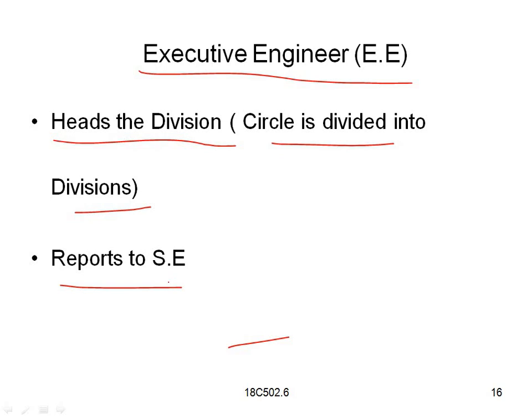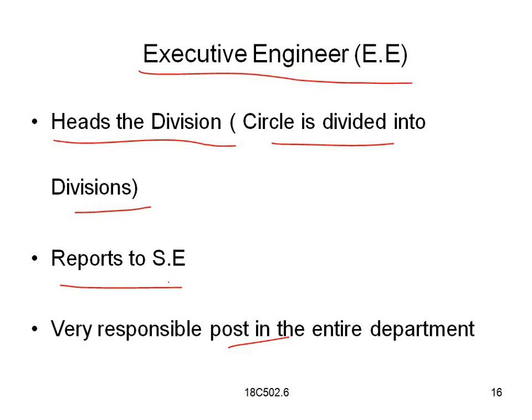Okay, whether it is irrigation works, or roads and buildings works, or any other bridge work, they should know about that work. Okay, so they will be well experienced in all items. Okay, and they will be identifying certain works in the construction, so that they can give the report to their higher authorities, and it is a very responsible post in the entire department.